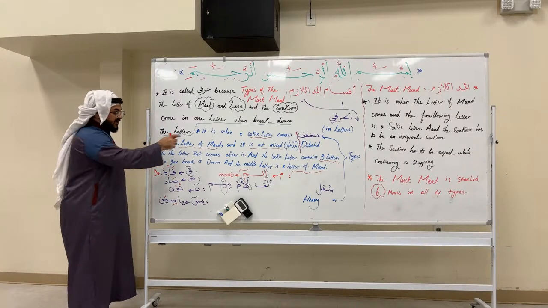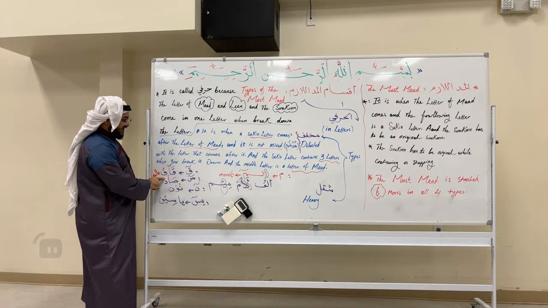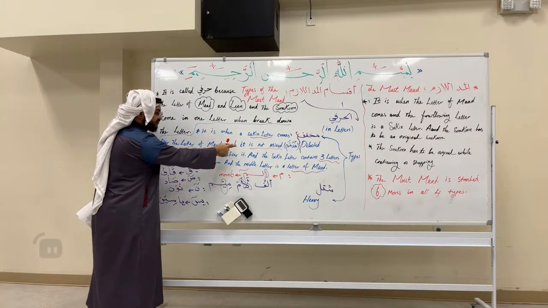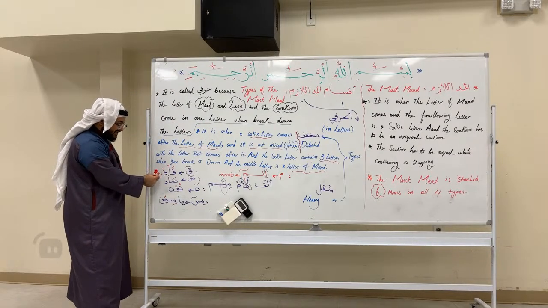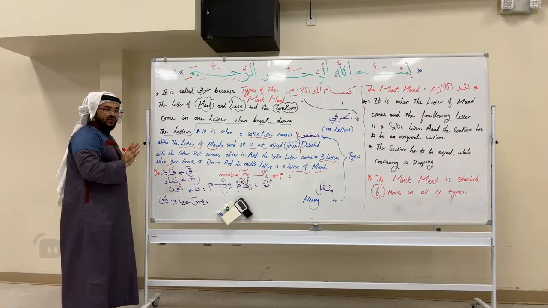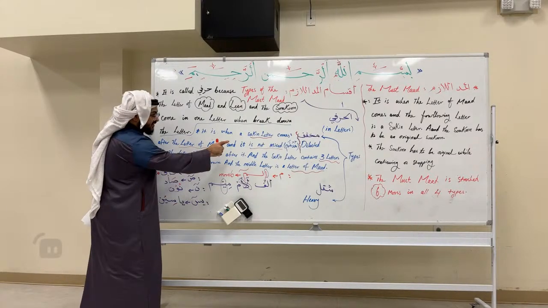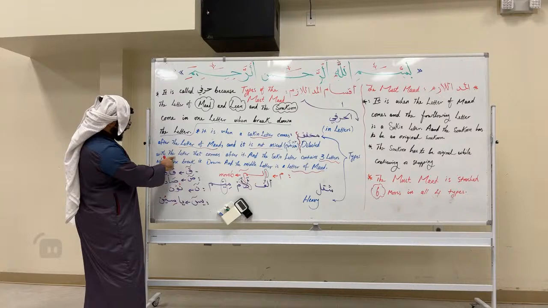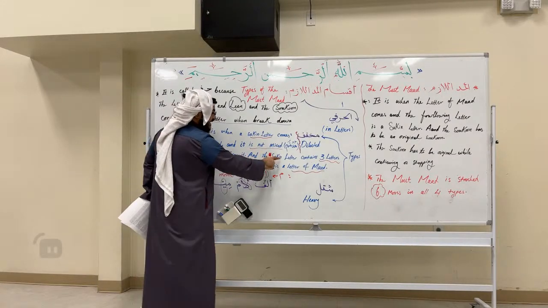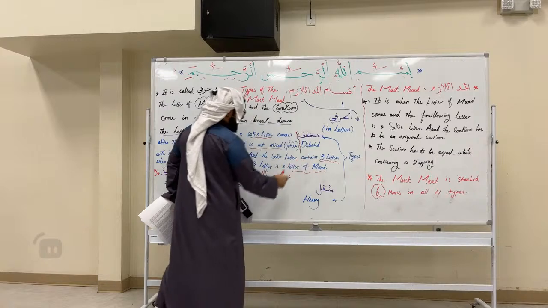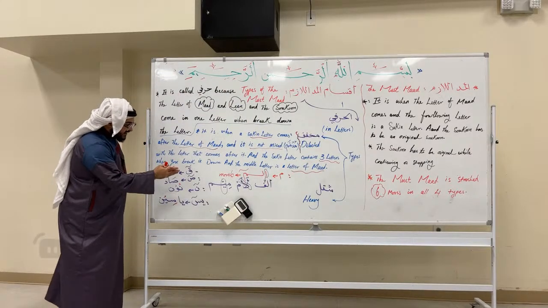Wal. A sakin letter comes after the letter of mad, and it's not mudgham. You cannot mix between the fa and the wa with the letter that comes after it. There's no idgham. And the second letter contains three letters.